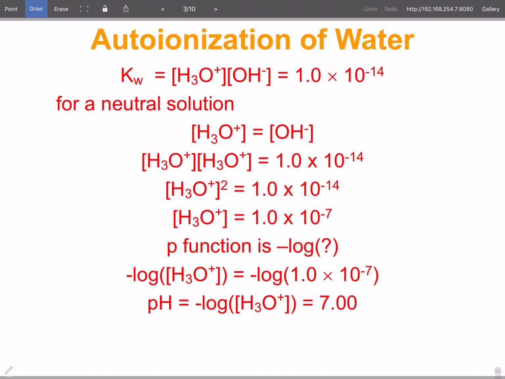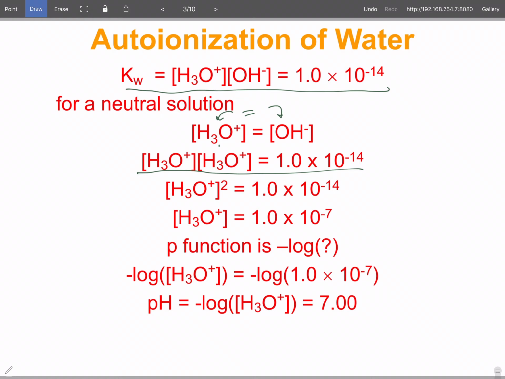Okay, so here we take the water, and we know this value. So for a neutral solution, we know that the acid form equals the base form. So that means that if they're the same thing, you can substitute in the acid form for the base form and end up with two acid forms to give you the Kw.